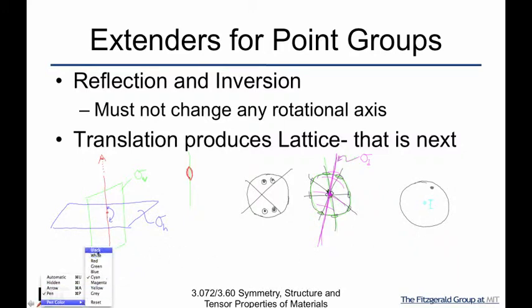Then what it'll do is you draw a line from this point on the orange through the center to the back side, and it will produce a unit, a motif there.